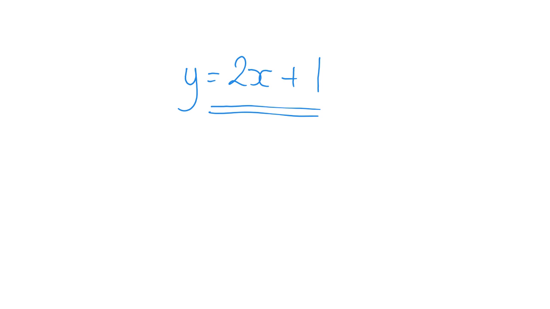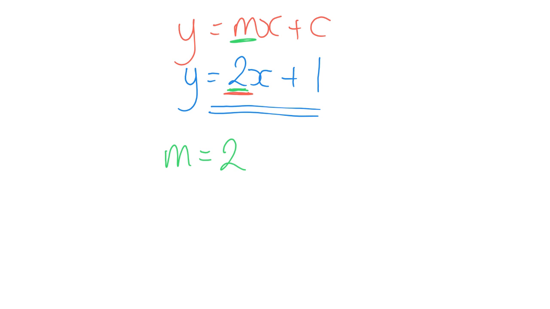So what we'd be looking to do is, first of all, make sure that the equation is in the standard form, y equals mx plus c. From there, you can connect the 2 and the m, so we can say the gradient is 2. Likewise, c equals 1, and we know that any y-intercept can also be described as a coordinate, so (0, 1).